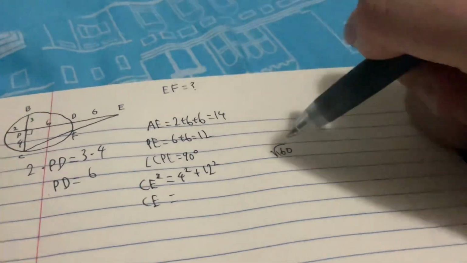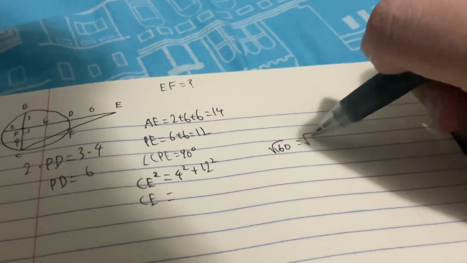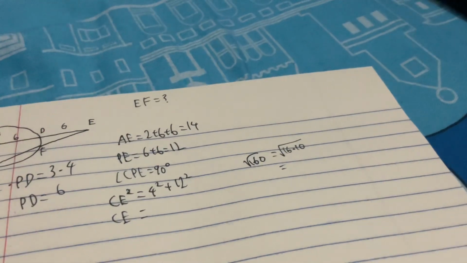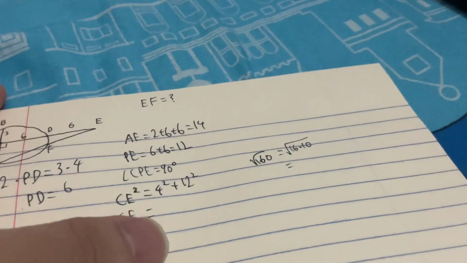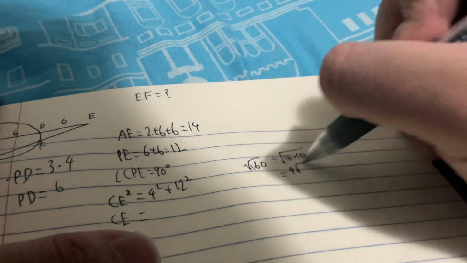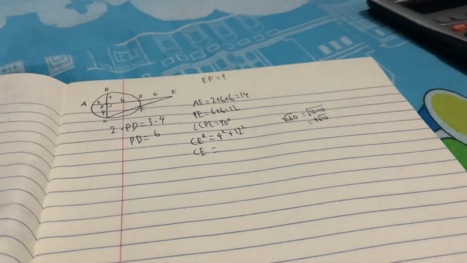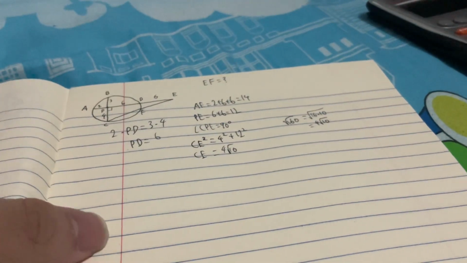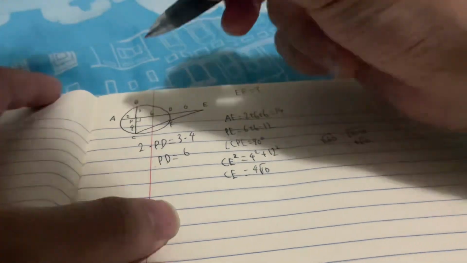And think about perfect squares here. This is going to be 16 times 10. 10 is not a perfect square, so we can simplify it to 4 times the square root of 10. So we can get our CE, which is equal to 4 times the square root of 10.